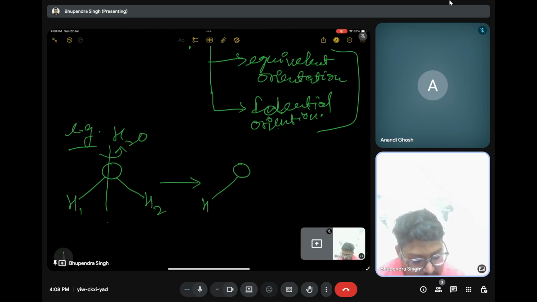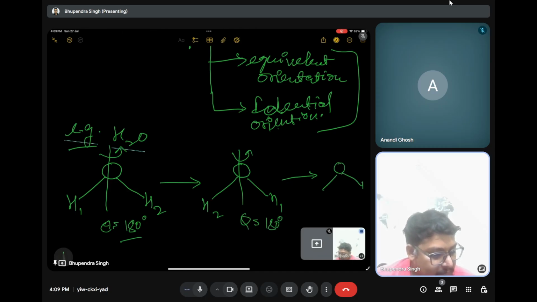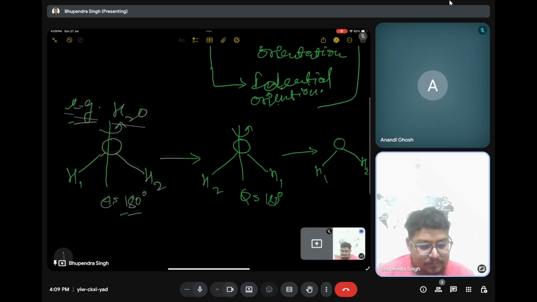After rotating it by an angle theta of 180 degrees, you will see a structure like this. If you again do the same operation, rotating it by 180 degrees, you will get something like this. So, what are the differences between equivalent and identical structures?